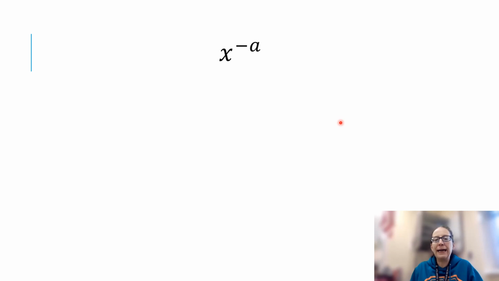Next one. The exponent is negative. Crud. That's no good. So this one is another one where the definition of an exponent starts to break down a little bit. How can something be used as a factor a negative number of times? Well, the negative is going to come out of some other operations.